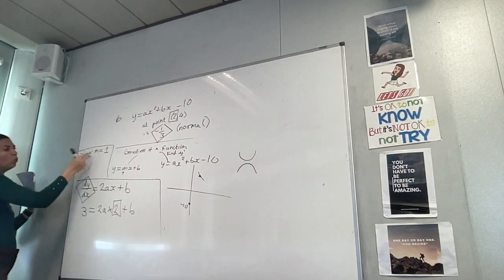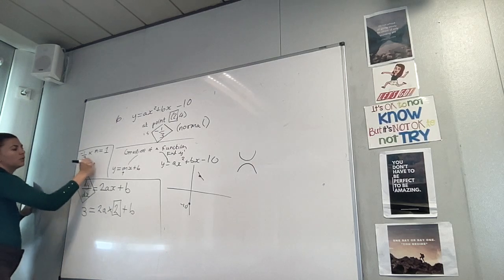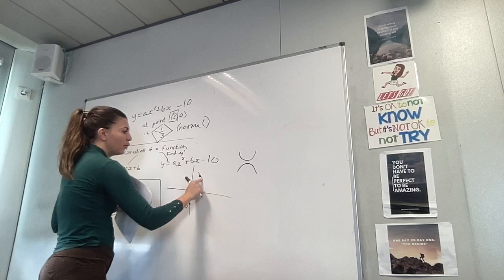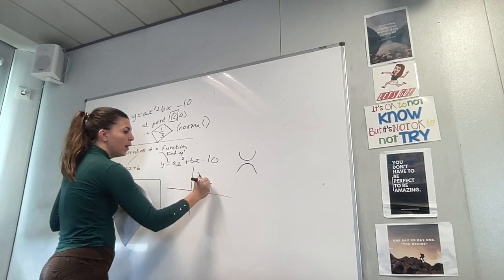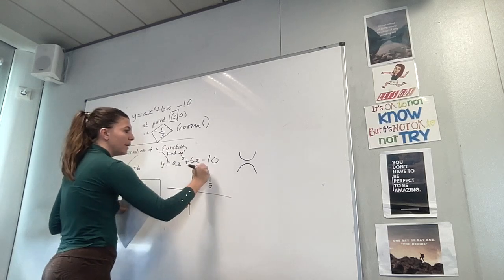So that is called finding the reciprocal. So what we do is we just flip it and change the sign. So actually, if we go back to the original graph, the gradient of the normal is indeed going to be minus 1/3, and then the gradient of the tangent was going to be 3.